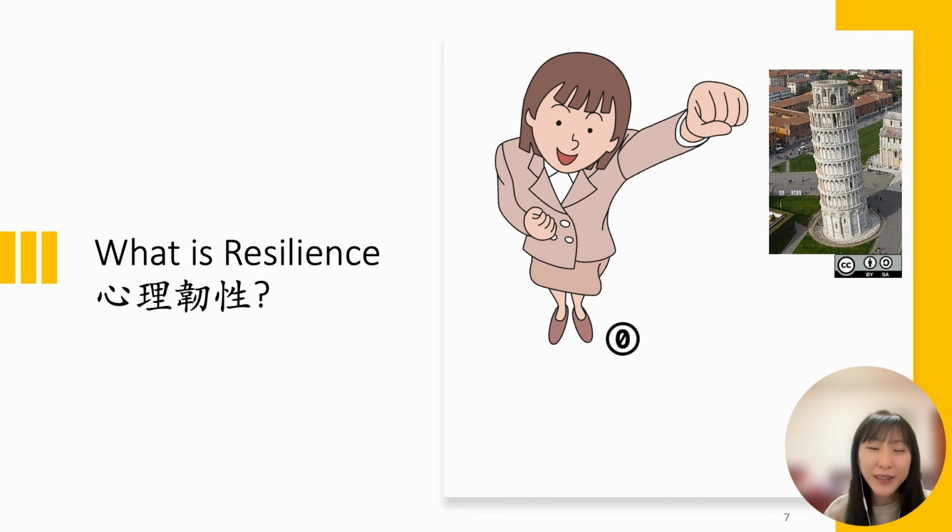Resilience is the ability to adapt well and deal effectively with different future challenges. In the past, people have utilized different metaphors like a resistance band, the leaning Tower of Pisa, and also weeds to describe psychological resilience.